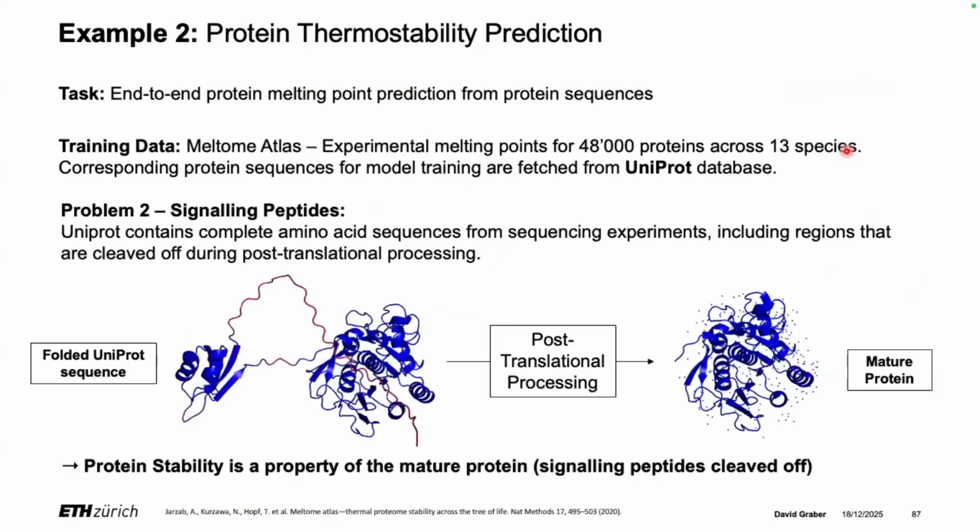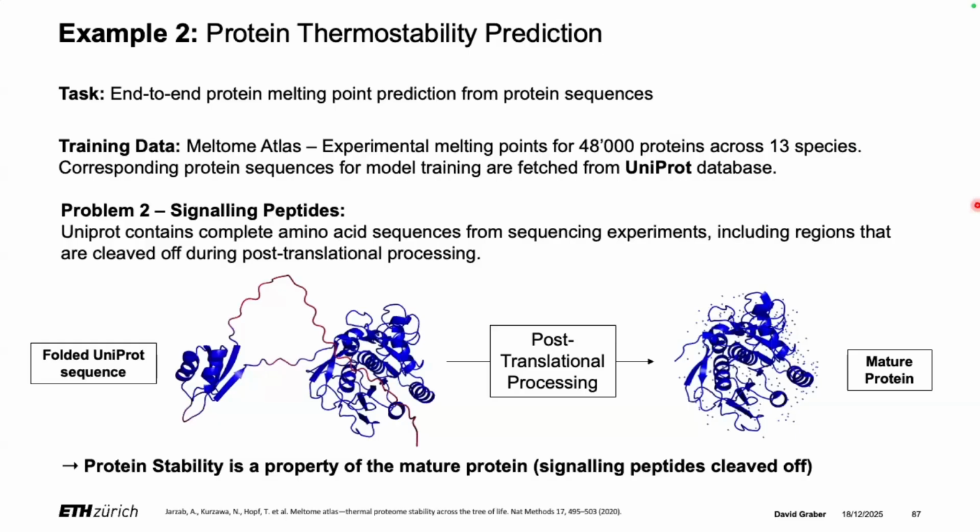And then another example, which goes more in the direction of integrating domain-specific preprocessing into the data, is protein thermostability prediction. So the task here is to predict the melting point of proteins given their sequence.